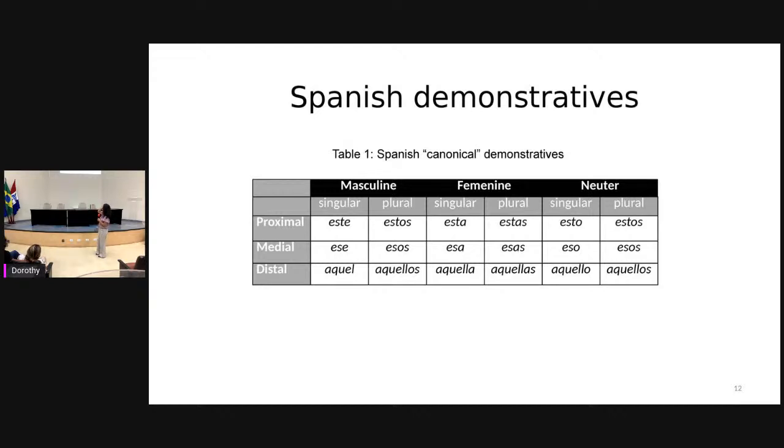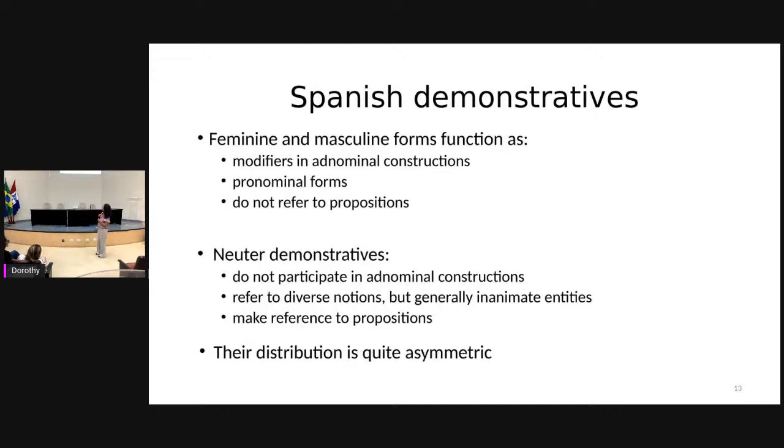Right? Okay. And they have a little bit of different functions. For instance, what is relevant here is that feminine and masculine forms do not generally refer to propositions, while neuter forms do make reference to propositions, right?